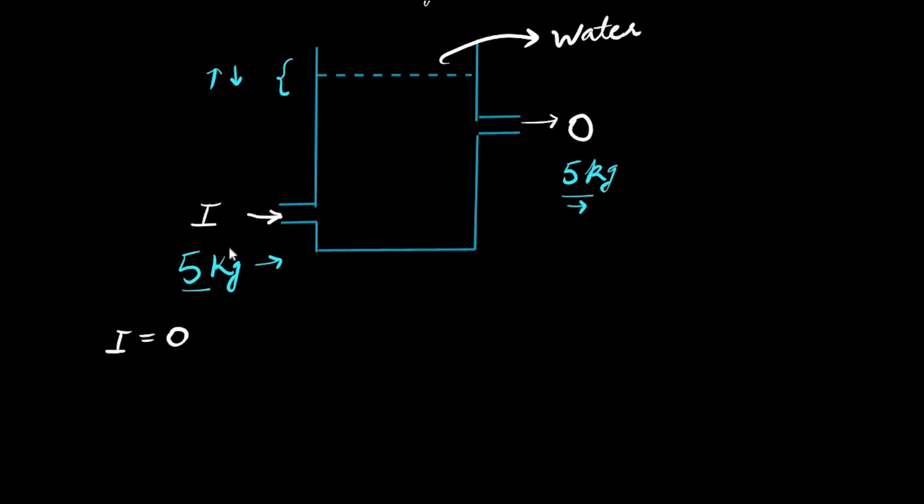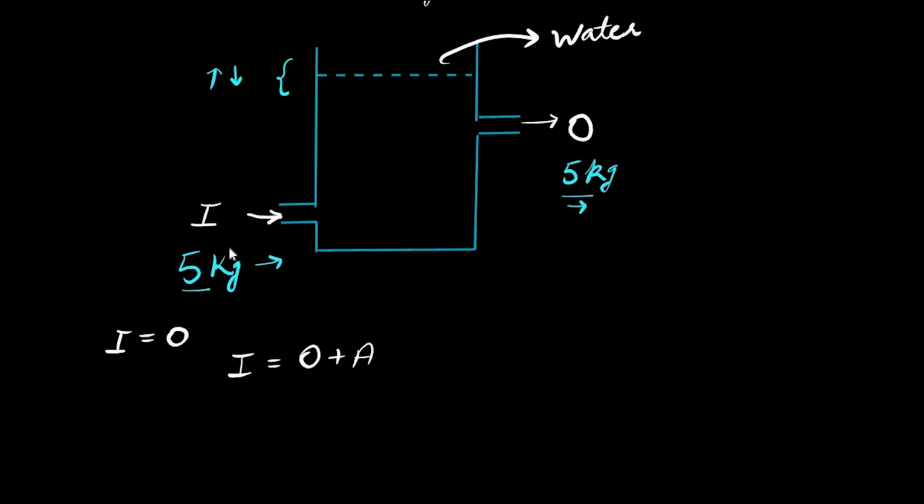Why? Because we can also prove this mathematically. A little while earlier you observed the equation inflow is equal to outflow plus accumulation. And in this case, accumulation is 0. Whatever is flowing inside is flowing outside.